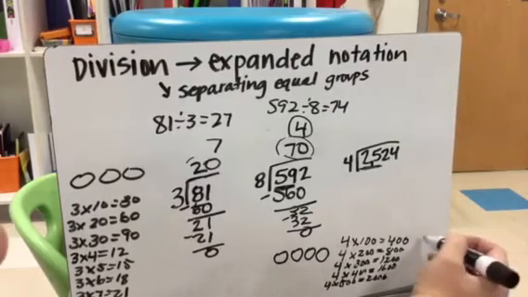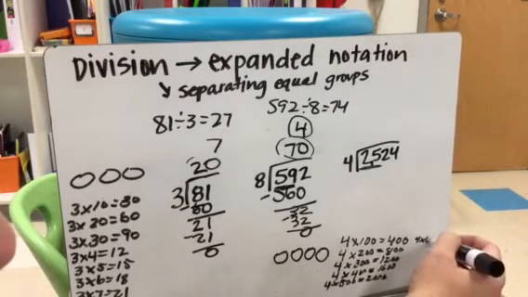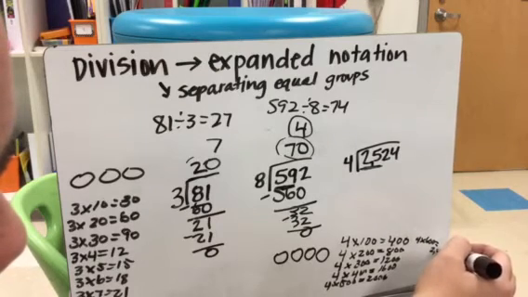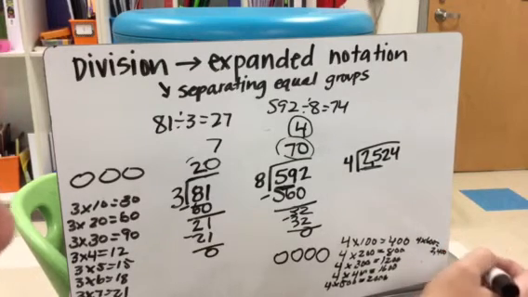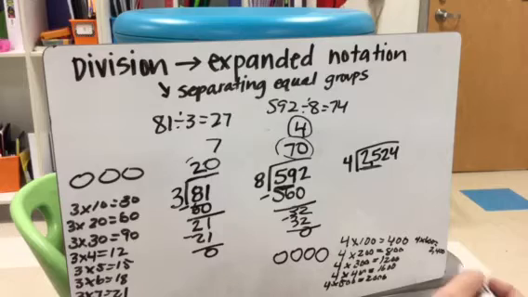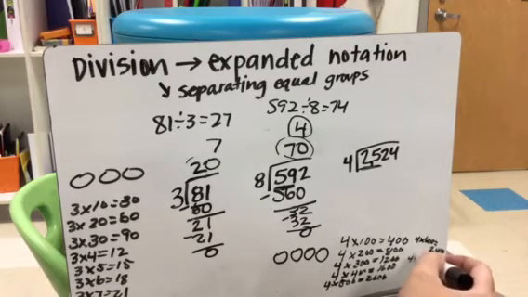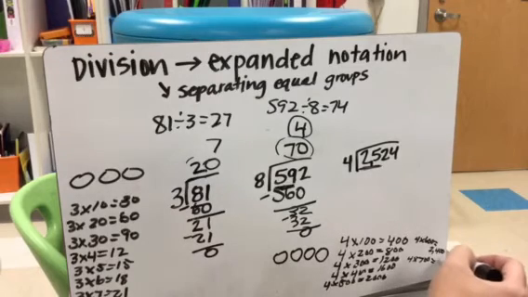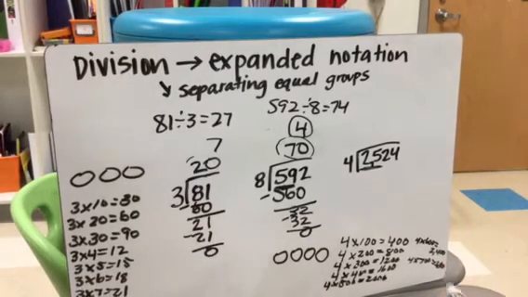If the 4 people take 600, that's 2,400. And if the 4 people take 700, that is 2,800. Okay, that's too far.